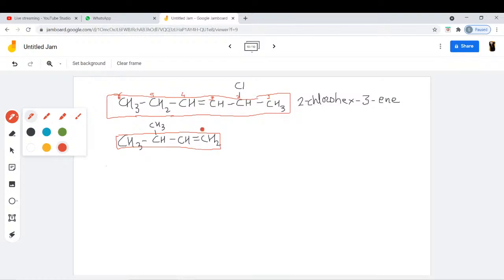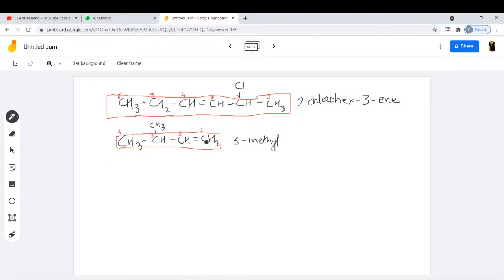So this is carbon number 1, carbon number 2, carbon number 3, carbon number 4. So its name will be 3. On this third carbon, a methyl group is attached, so 3 methyl, and 1 2 3 4.